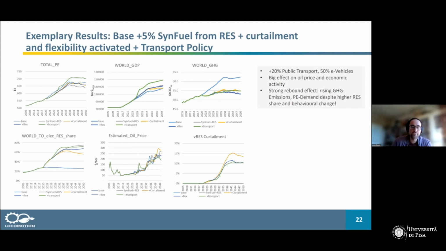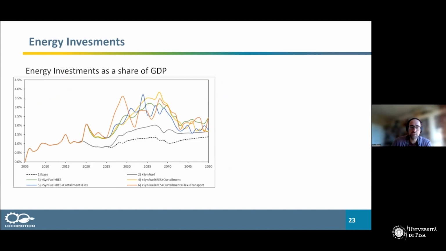Briefly, we have a lot of other variables in the model that I don't have time to go into detail now, but one of them is, for example, energy investments, which we calculate endogenously, in monetary terms. Although in monetary terms, this is not yet fully linked back to the investment matrix.